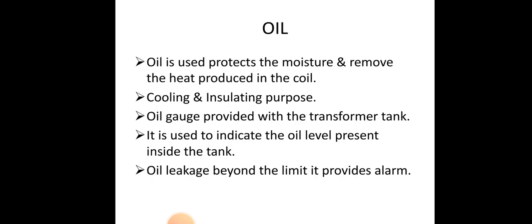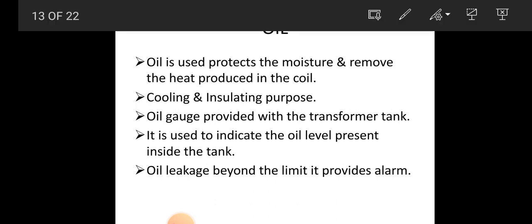Next one, oil. Here oil is used for two purposes. First one, protect from moisture and remove the heat produced by the coil. So oil acts for cooling and insulating purpose. Every oil tank is provided with an oil gauge. The purpose of the oil gauge is to indicate the oil level present inside the tank.